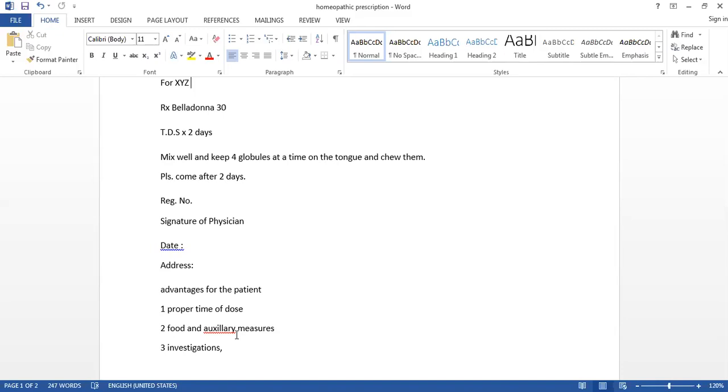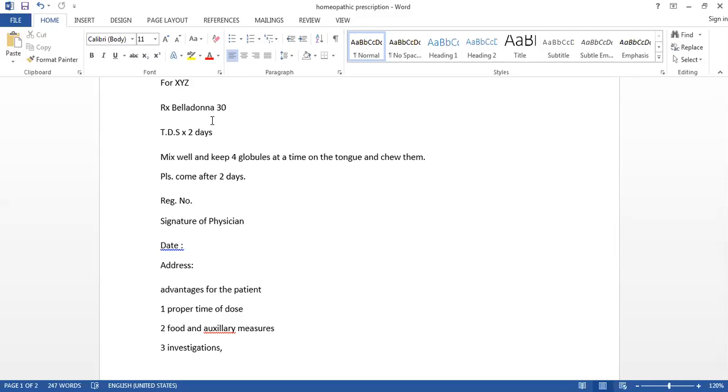So if you want to prescribe the liquid medicine, again we have seen it in the dispensing and administration of medicine: what are the different forms we can give the medicine. So if you want to give that liquid medicine with the purified water, आपके यहाँ पर तो सब सेम ही रहेगा, that is the name, age, address. अगर आपको बेलाडोना 30 वहाँ पे देना है and that you want to give in the purified water, तो आपको क्या लिखना पड़ेगा यहाँ पे, aqua distilla.